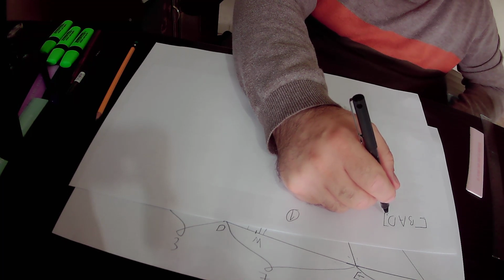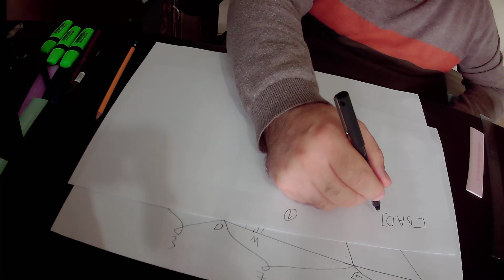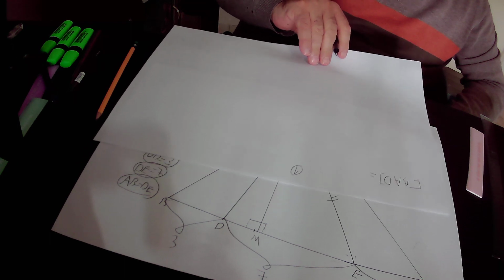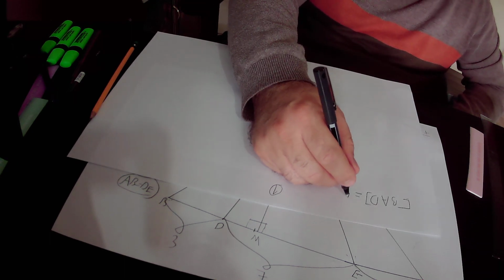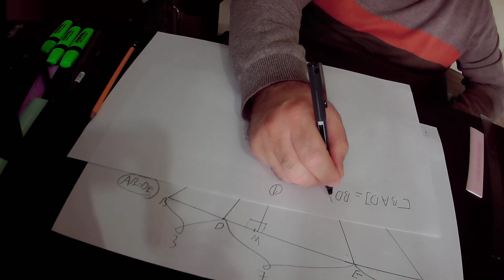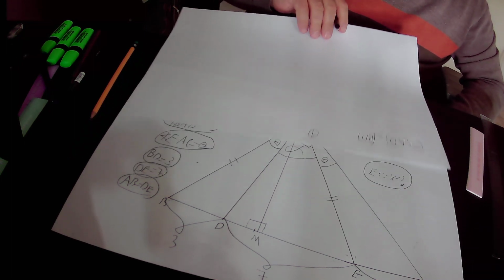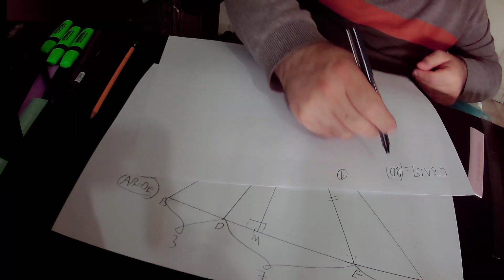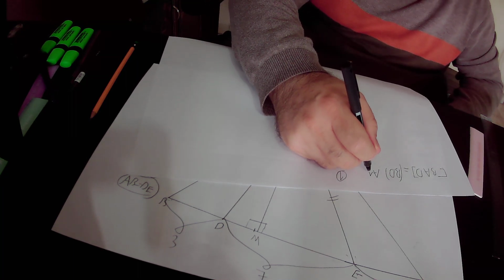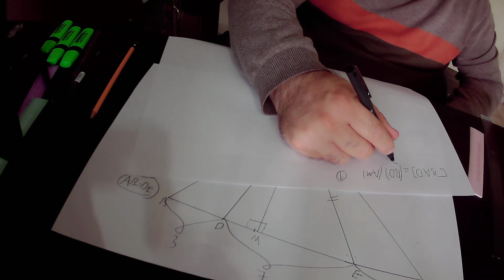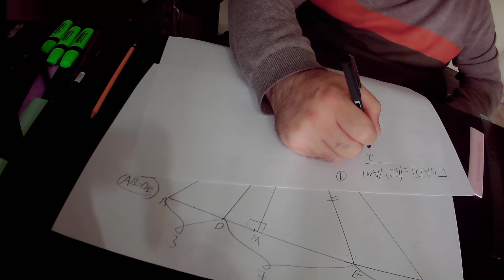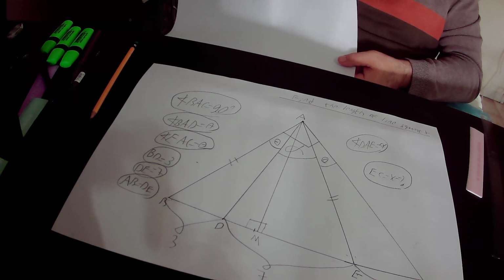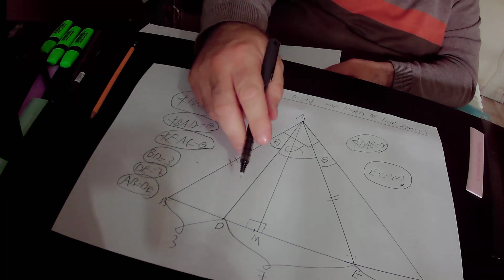It means the area of triangle BAD will be equal to the base of the triangle, that is BD, times the height to the base, that is AM, over 2. And we divide the area of triangle BAD by the area of triangle DAE.